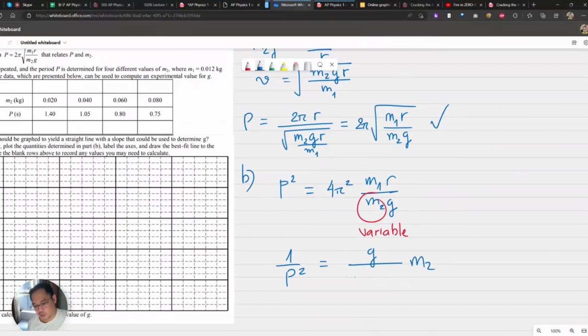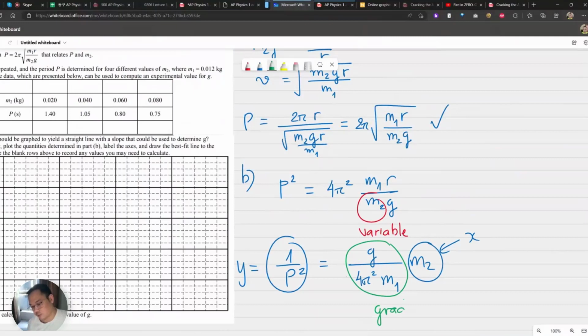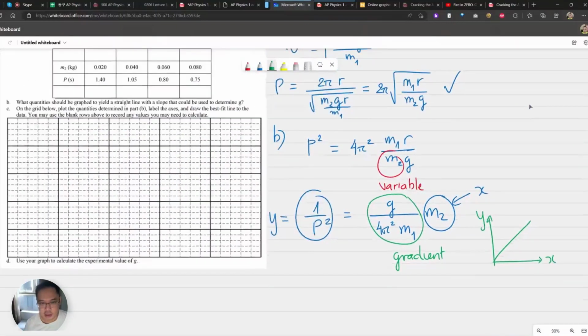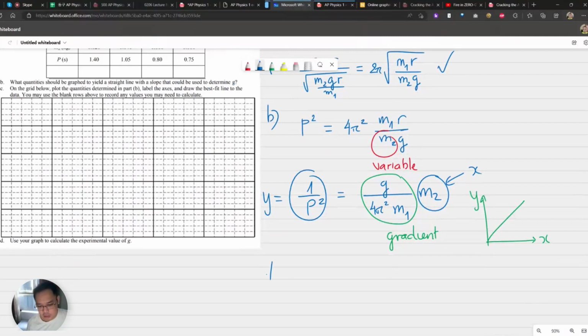So this is the variable x, this whole thing is y, and the coefficient is the gradient of the linear graph, where the vertical axis is y, which is 1 over p squared, and the horizontal axis is x. So plotting the graph like that, your answer is the vertical axis is the reciprocal of p squared.